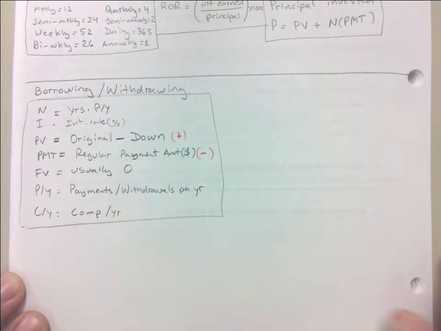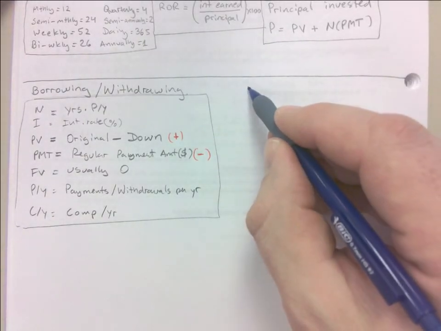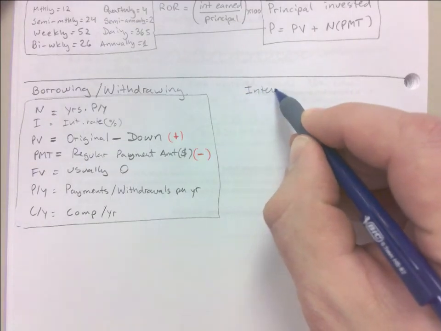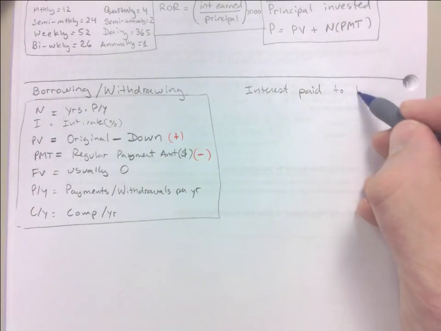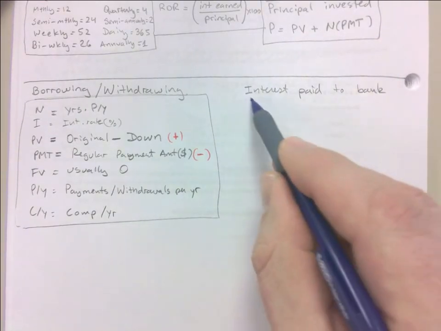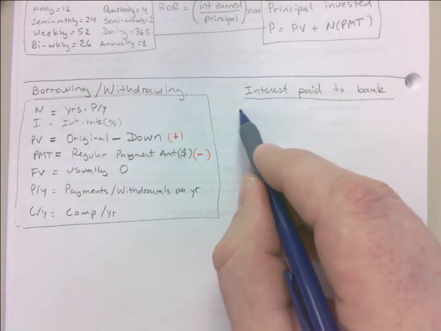And now some functions that are going to help us. Interest paid. Interest paid to the bank. We use this one again.